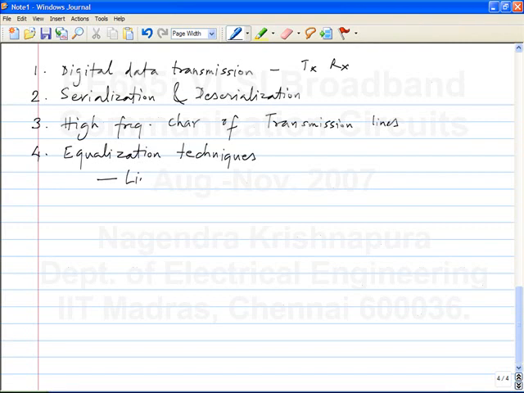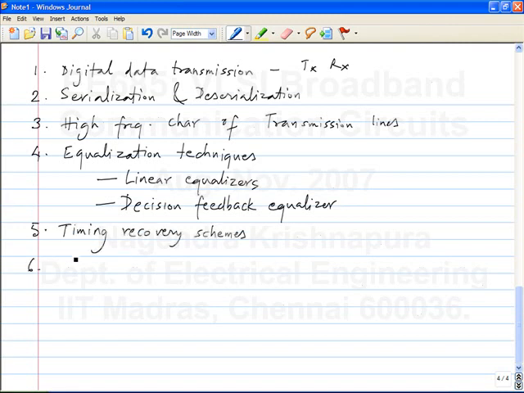So there are what are known as linear equalizers, which are basically the linear time invariant systems that you know of. Okay. Or at least linear systems, may not be time invariant. And there are nonlinear equalizers, mainly the decision feedback equalizer. Okay. Then we'll look at timing recovery schemes, and hopefully we'll have time to discuss some example systems.